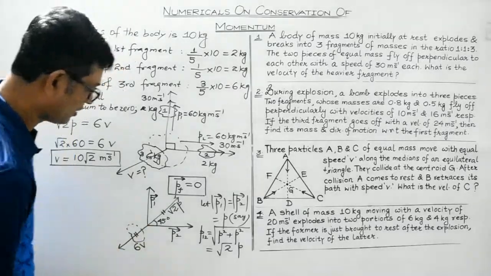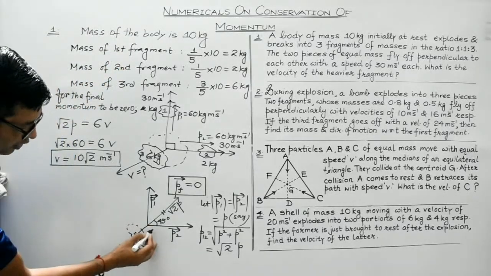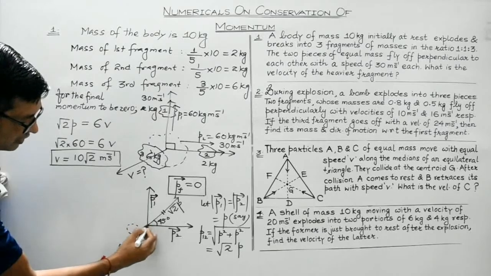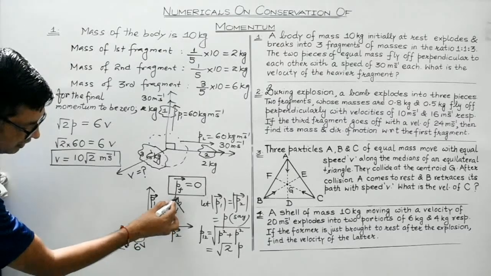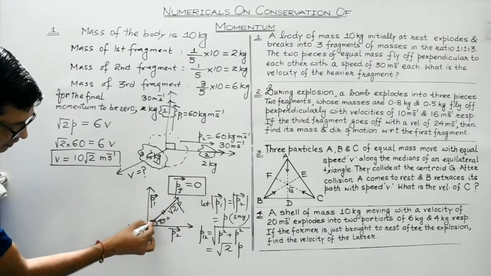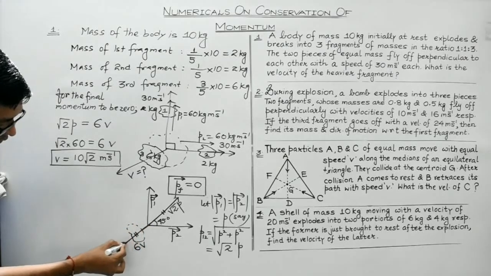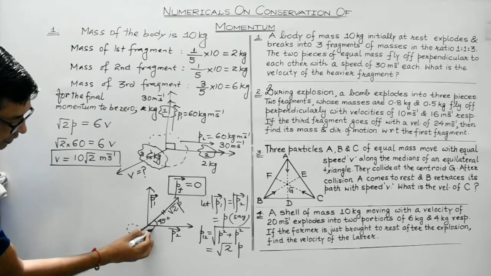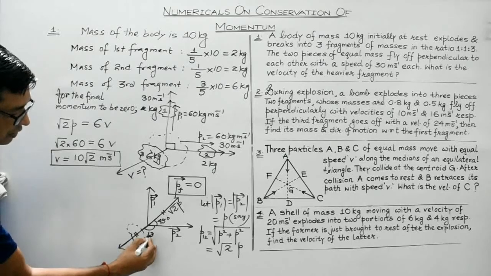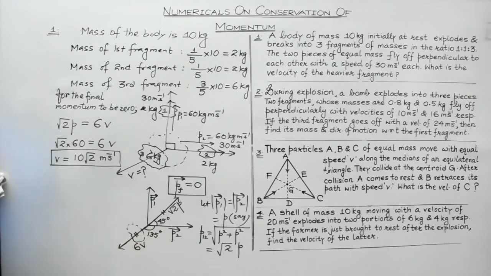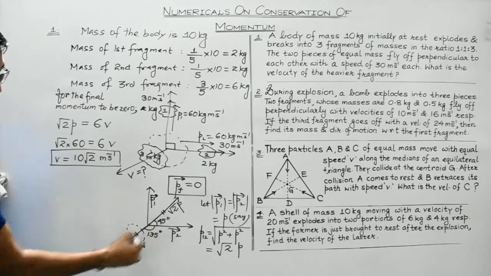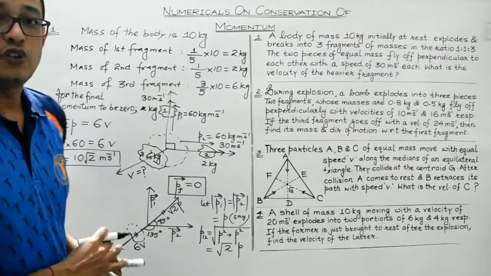And in what direction? It should make an angle of, this is 90 degree, isn't it? This is linear here, this is a straight line, this is a straight line. So this angle must be 135 degree. Right? So in this direction, the third fragment should fly away.